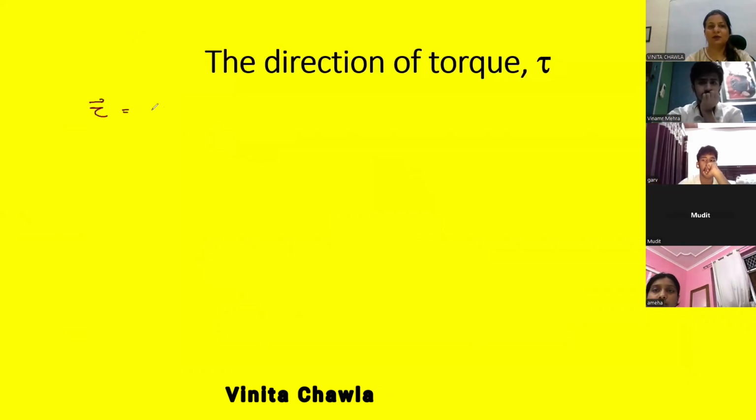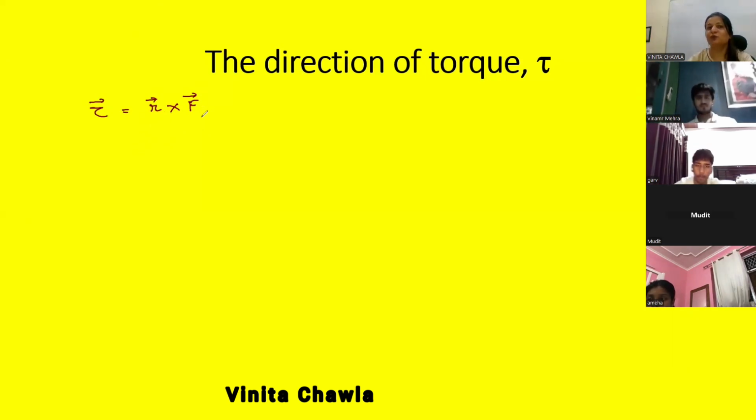Torque is vector r cross vector f. See, one thing you have to keep in mind is that r cross f is different from f cross r. Cross product is anti-commutative, right? A cross b is minus b cross a. So if it is r cross f, you are supposed to write r first and then f.